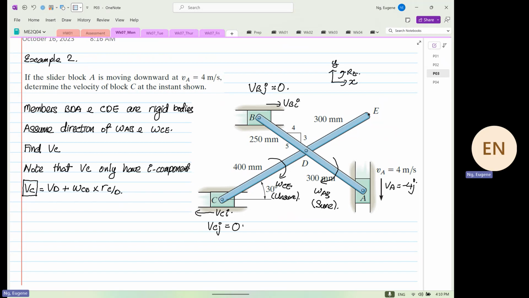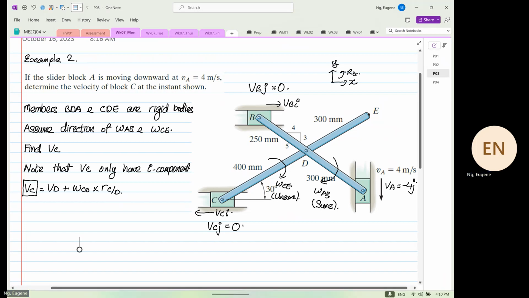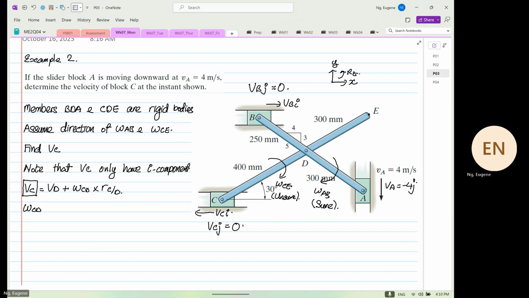In order to use this equation, we don't have omega CD, so we can also write that omega CD is also equal to omega CE, because they are a rigid body. So this is our equation number 1.